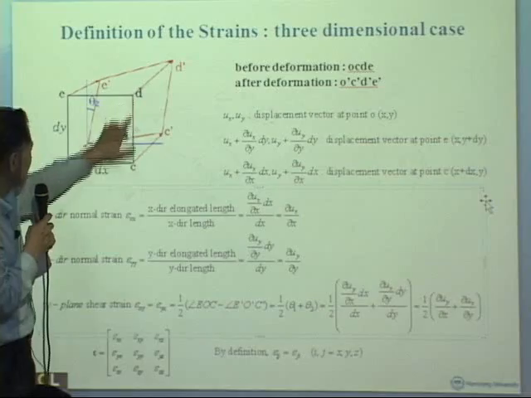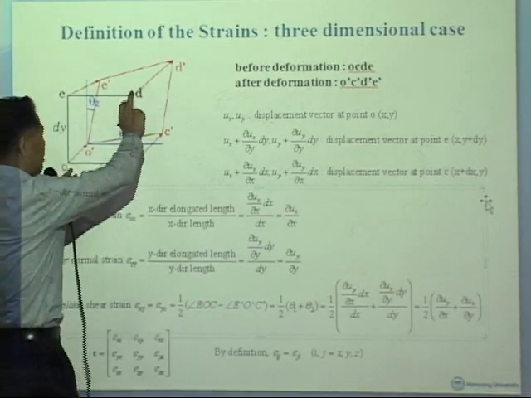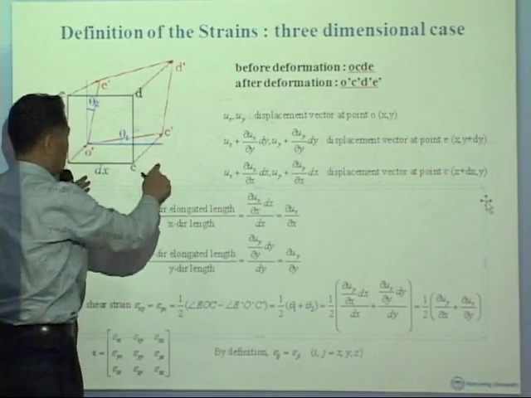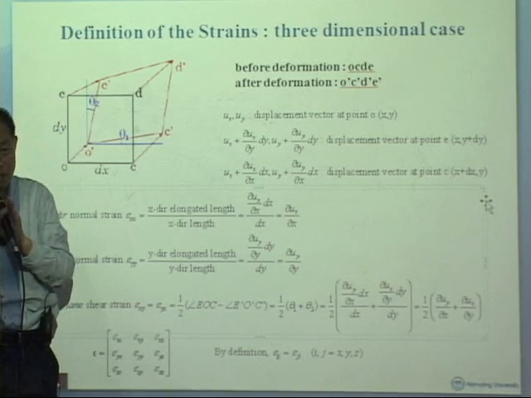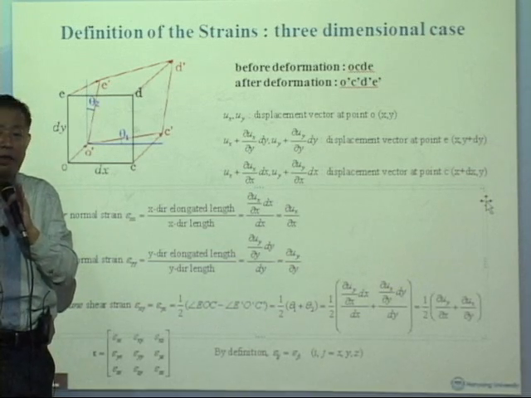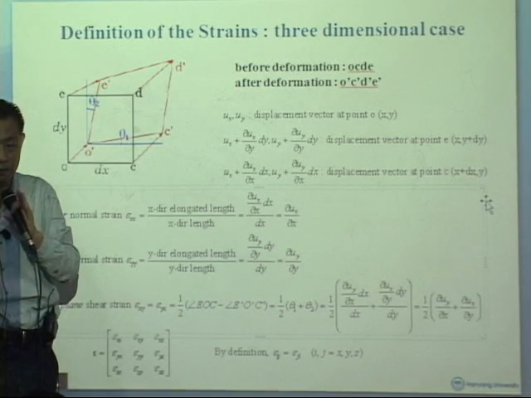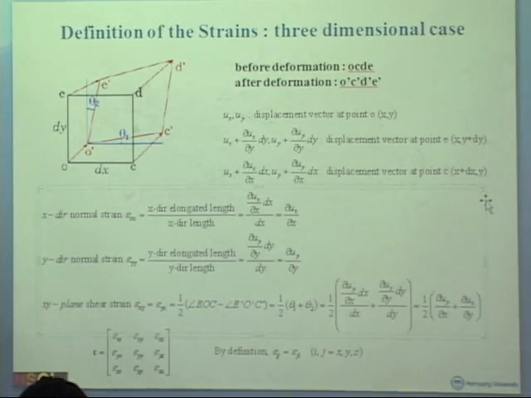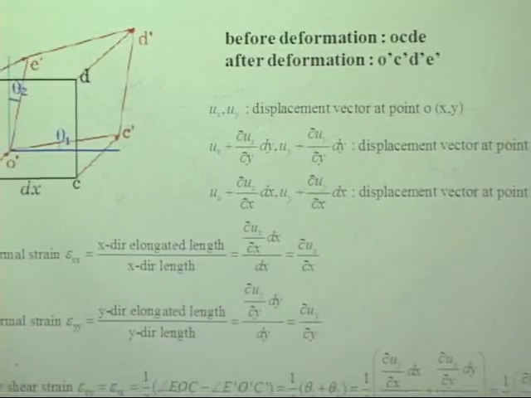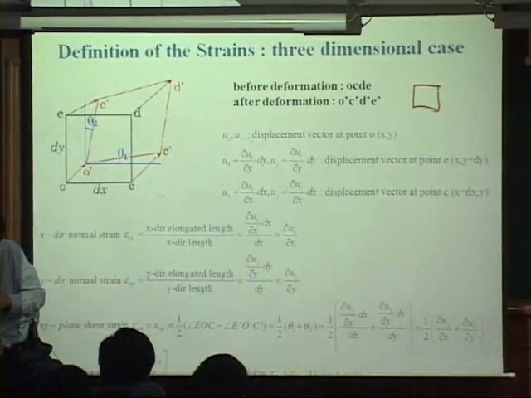If C and D just extend this way, then the answer will be very much simple, right? Where it just extends a certain amount, and only strain delta divided by L will be enough to describe these deformations, right? Well, in other words, we have a before deformation and after deformation. Only like that.